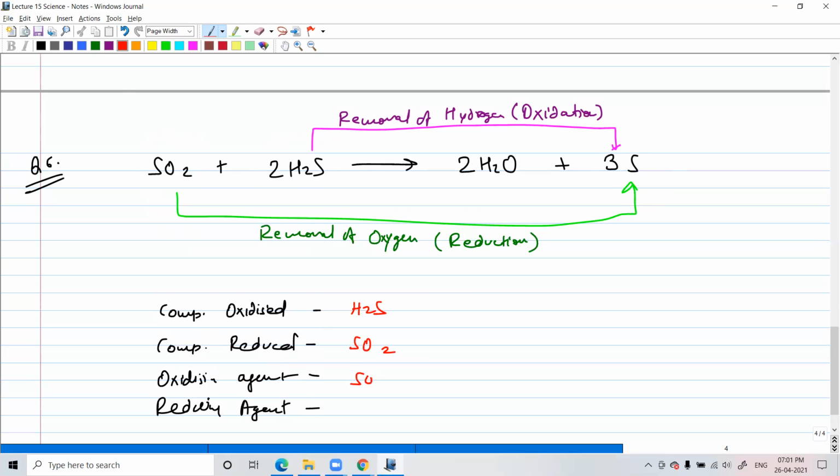And the oxidizing agent will be this, of course. H2S will be the reducing agent. Is that correct? SO2 is called sulfur dioxide, sir. Yes, sulfur dioxide.